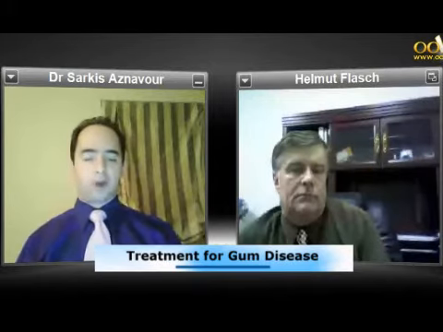Usually you want to have about 2 or 3 millimeter pockets in your mouth. And when it progresses to about 4, 5, 6 millimeters, it's becoming very dangerous because you're losing more bone in terms of periodontal disease. Gingivitis usually will be about 2 to 4 millimeters of pockets, and then you progress to mild periodontitis, moderate periodontitis, and severe.